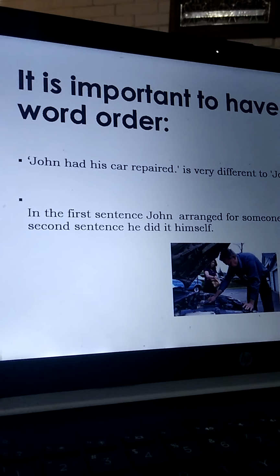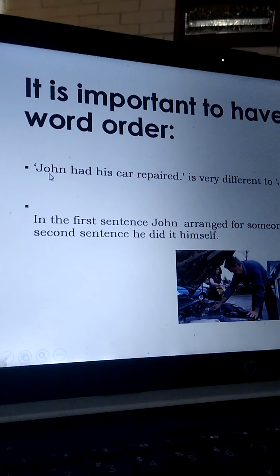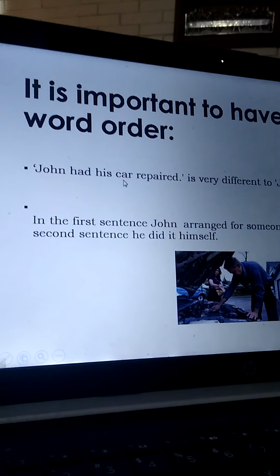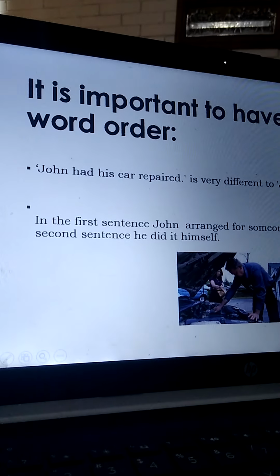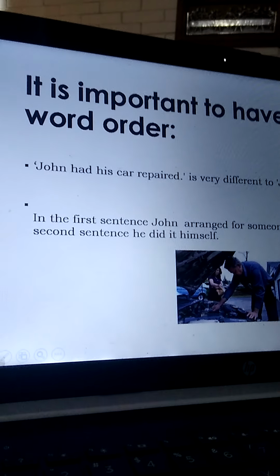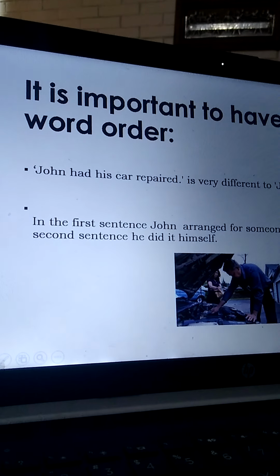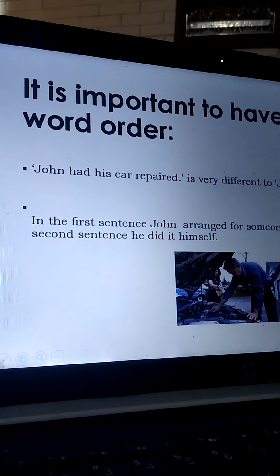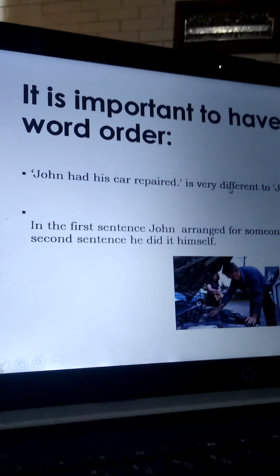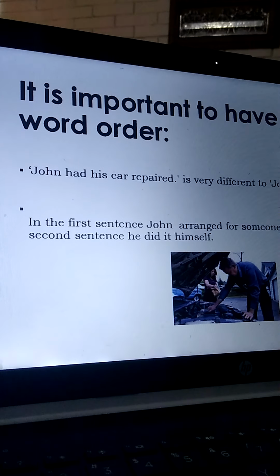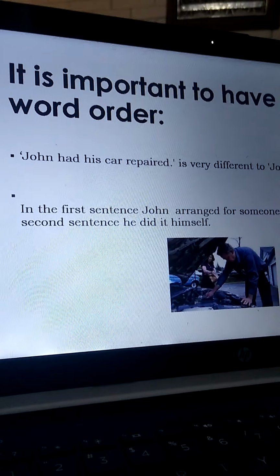You have to be clear about the expression, that someone else did something for this person, not that he did it himself in the past or in the past perfect, like John had repaired his car. We don't want to say that. We want to say that someone else did it for John. And this is John had his car repaired. Is that clear?